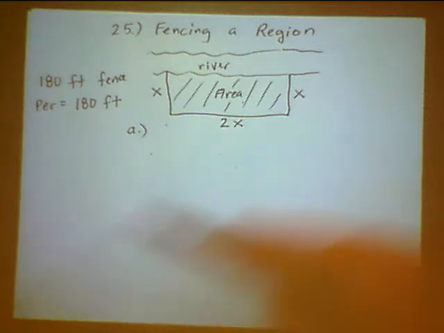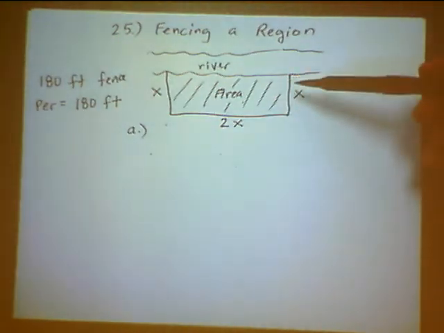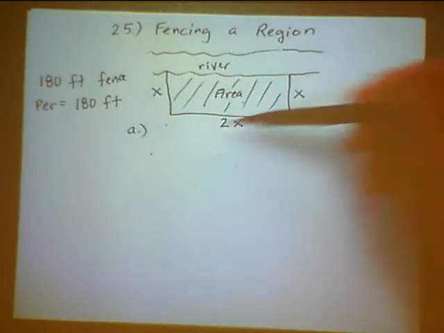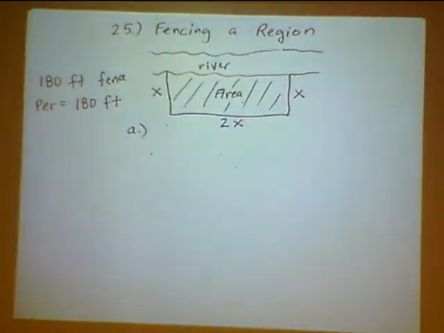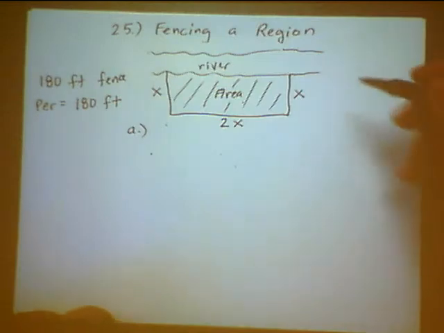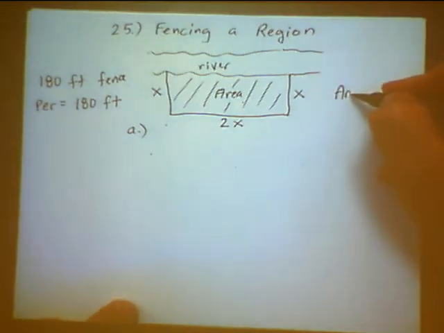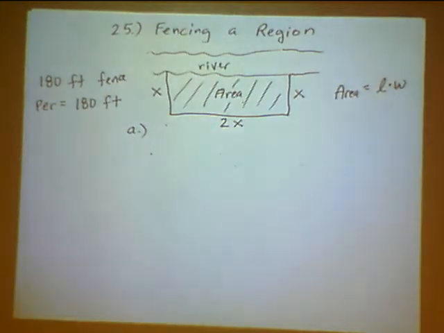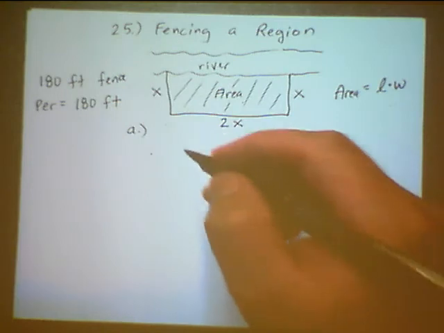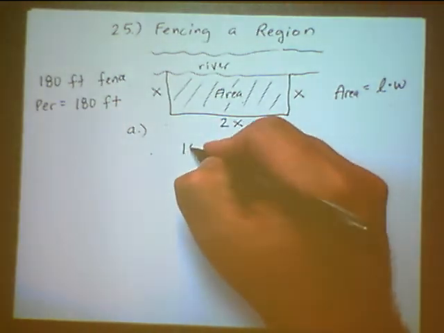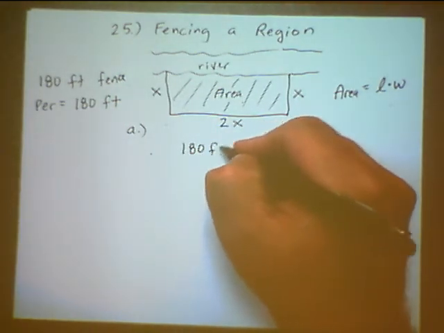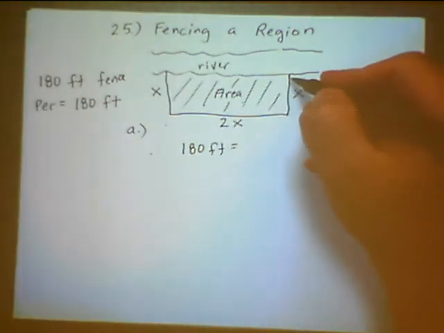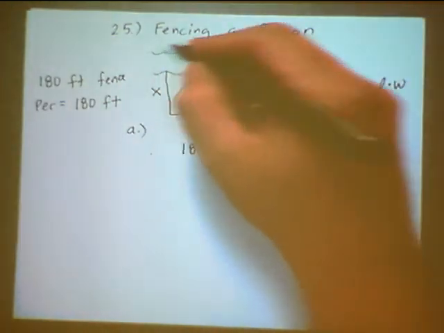The first step is to find x, because once I know x, then I can find the dimensions of my rectangle, and then I can calculate area, because we know the area of a rectangle is the length times the width.